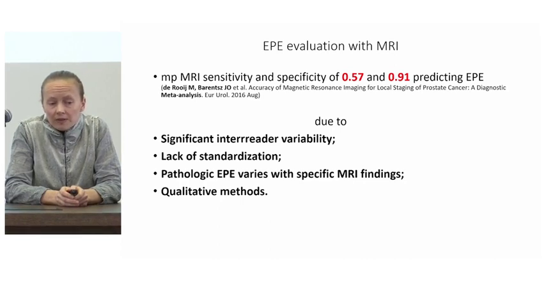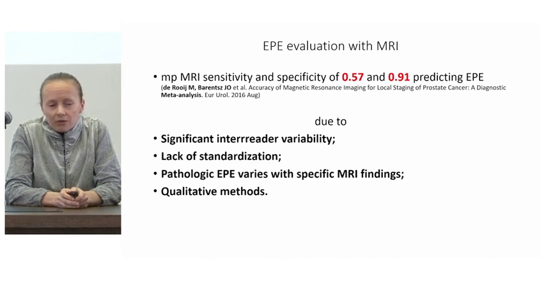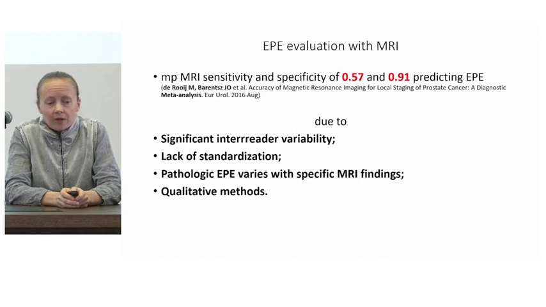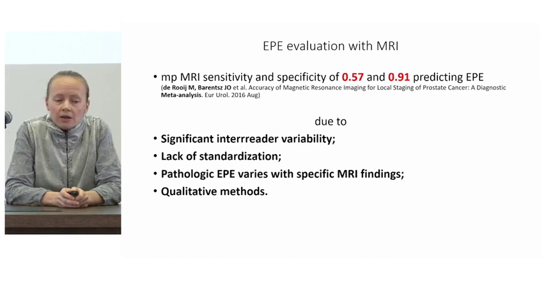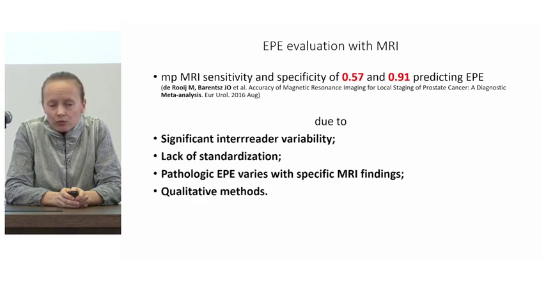What to do with significant inter-reader variability, we heard yesterday through the discussion among Mantas and Arturas, and what to do with lack of standardization, I will try to explain now.